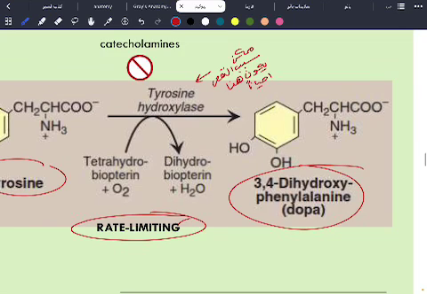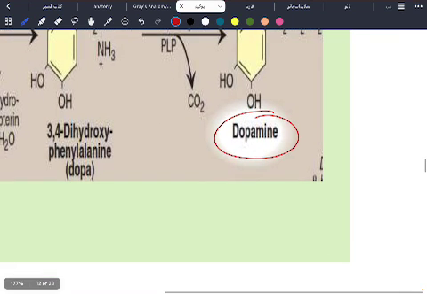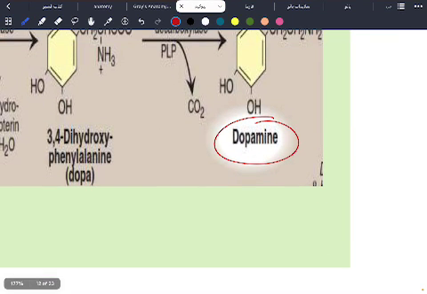So this is the first step again, and the second one is conversion of dopa molecule to dopamine by decarboxylation reaction. Since it's decarboxylation, the enzyme is called dopa decarboxylase enzyme.